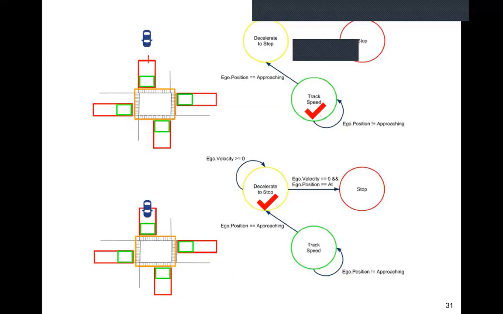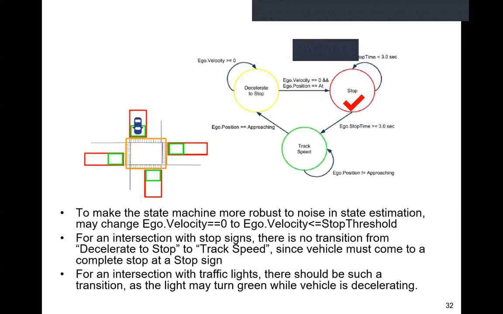Outside the approaching zone, you are doing track speed, perhaps tracking a constant speed. Then when you enter the red approaching zone, you go into a decelerate to stop maneuver. And then when you enter the green box, the at zone, you should go to a stop state triggered by the velocity going to 0 and position equal to at in the green box.